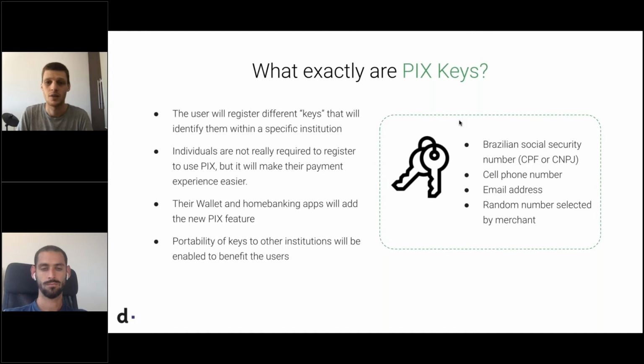This is similar to how the Brazilian user or company can have associated their social security number, the CPF for persons, or CNPJ, the tax ID for companies, or their cell phone number, or their email address, or any other random number that can be linked to the user's final wallet or banking account.